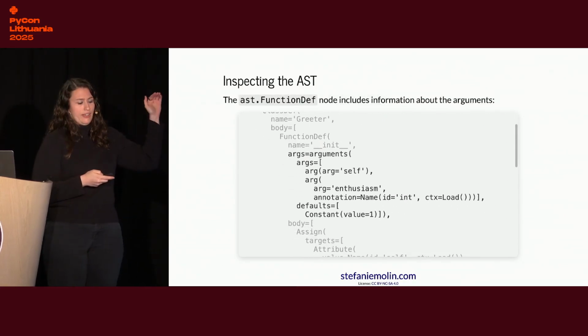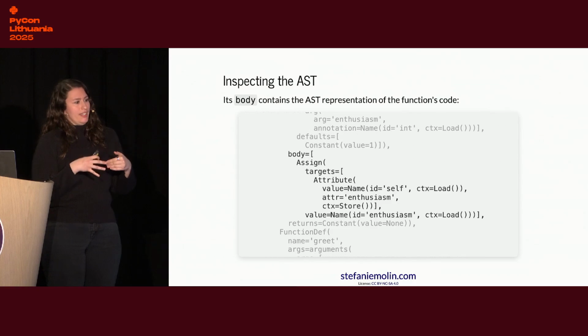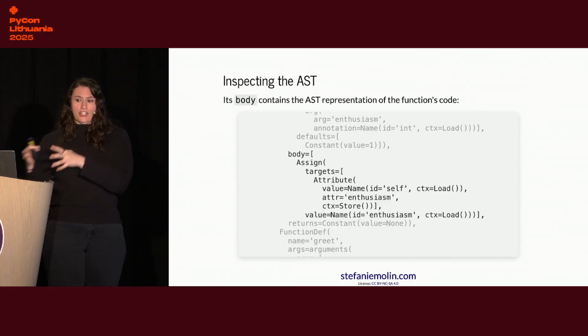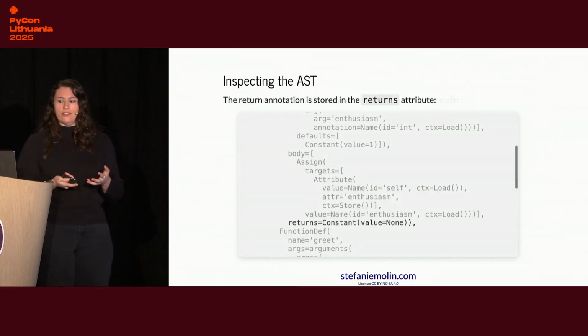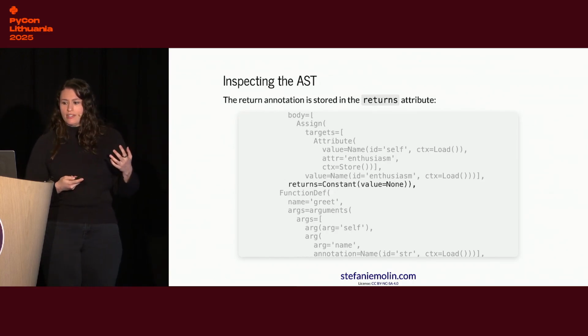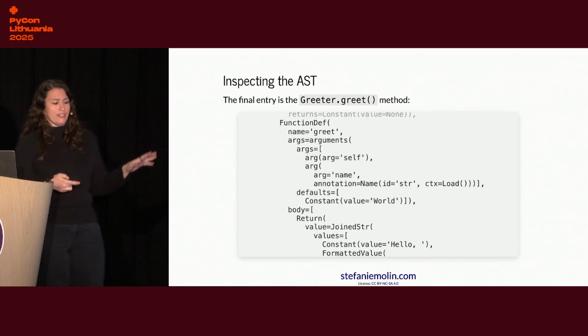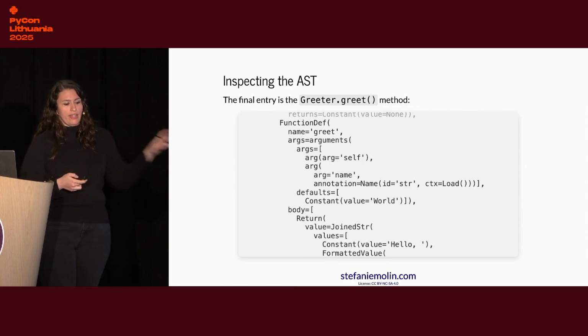We have the arguments for the init method, and then we have the body of what the init method actually does, again as AST nodes. We have a return type annotation if it was present, and then we have our other method. So that is pretty much the contents, and we will go through breaking most of these parts up and extracting information from there.